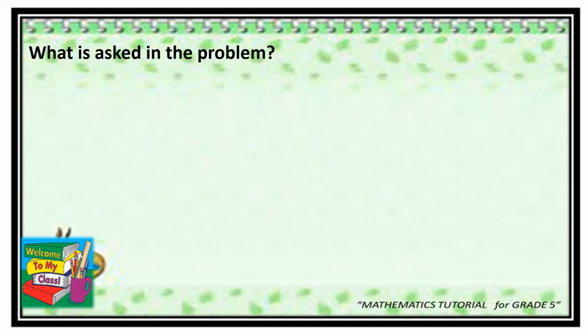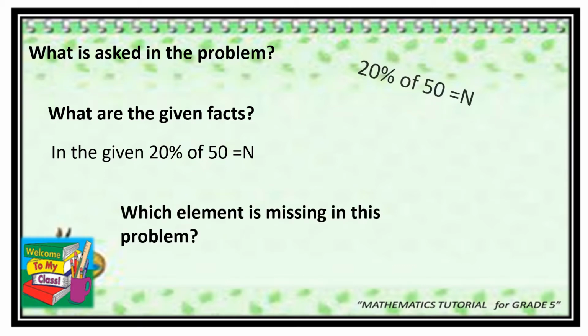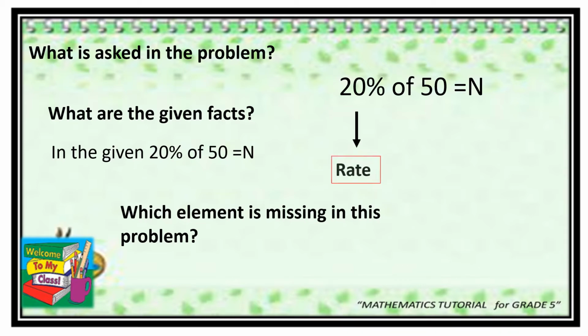What is asked in the problem? What are the given facts? In the given 20% of 50 equals n, we need to find out the given facts. In 20% of 50 equals n, 20% is the rate.